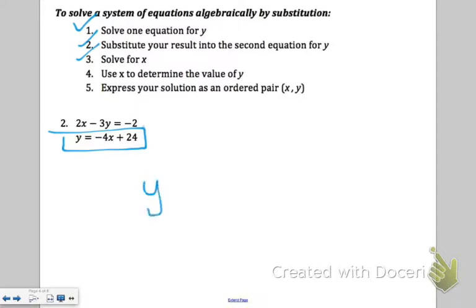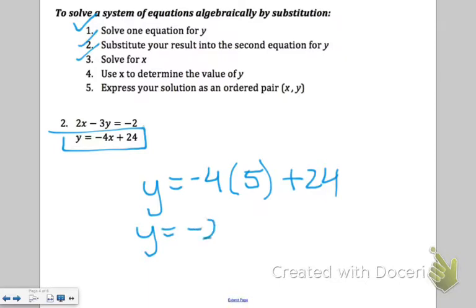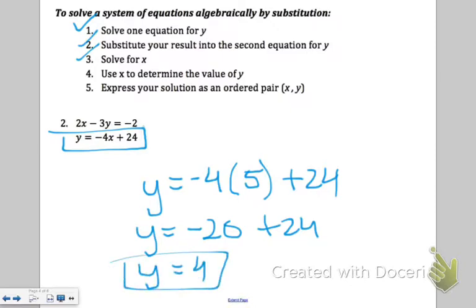So we have y equals -4 times 5 plus 24. Y equals -4 times 5 is -20 plus 24. -20 plus 24 gives us a positive 4. So the y value of our coordinate is going to be 4.